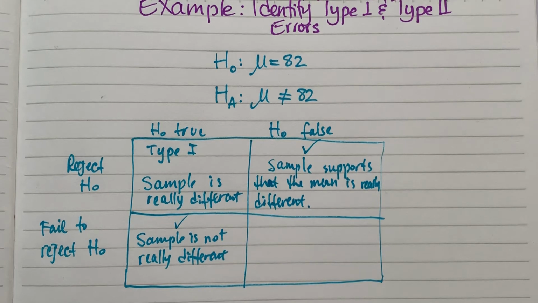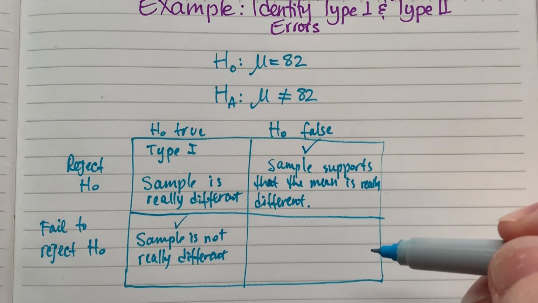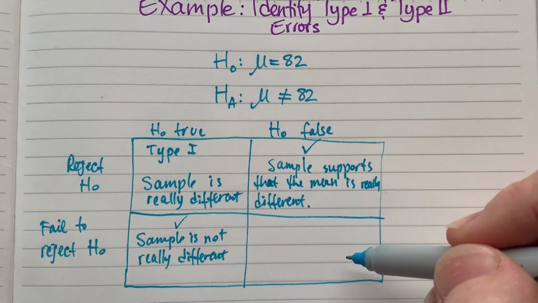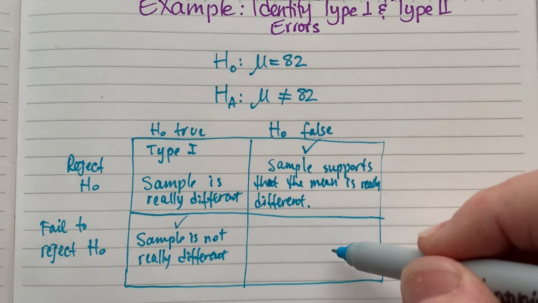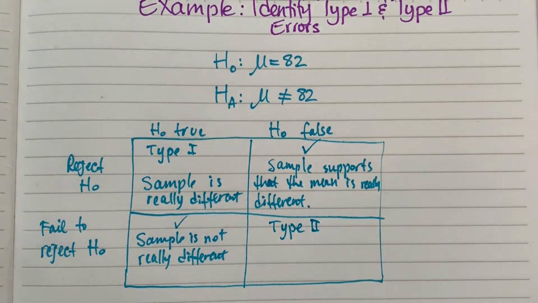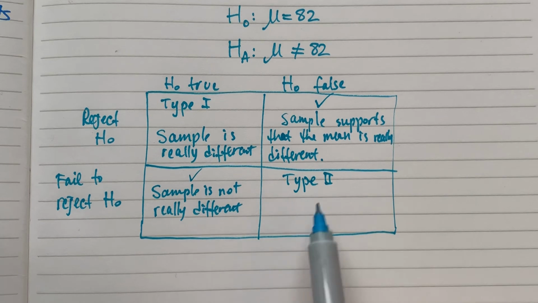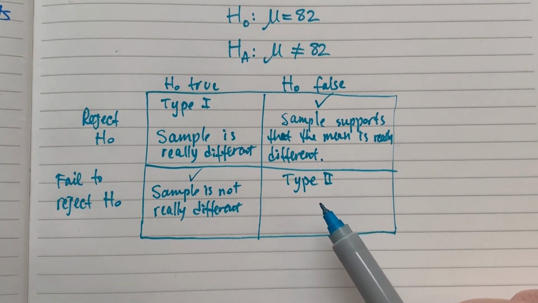All right. Now, if the null hypothesis is really false, but I failed to reject it, that would be over here. That would be the type 2 error that I could make. Essentially, this type 2 error is a missed opportunity, a wasted opportunity.